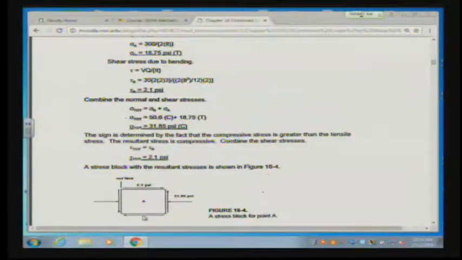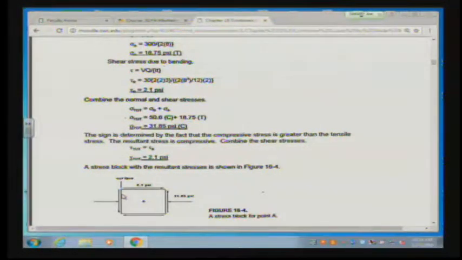There's one set of clockwise arrows on the top and the bottom, and one set of counterclockwise arrows on the two faces. That's because if we just had this and this, it would spin in a clockwise manner. If we just had this and this, it would spin in a counterclockwise manner. So it actually takes 2 moments, one clockwise and one counterclockwise, in order to keep that from spinning.